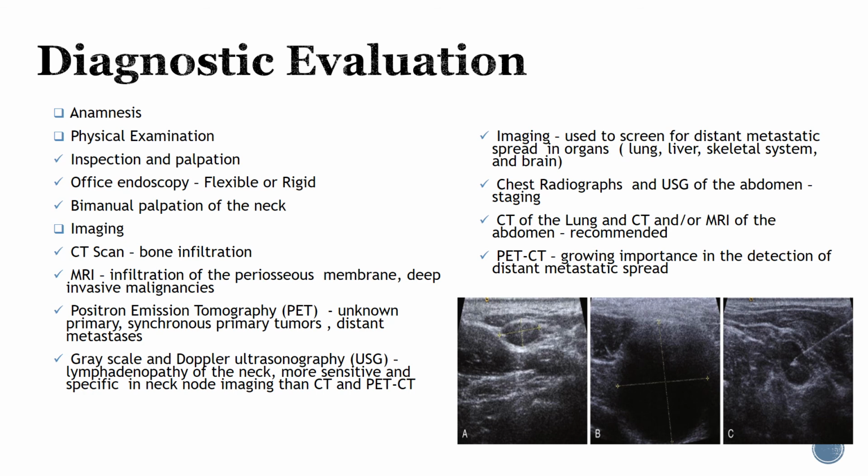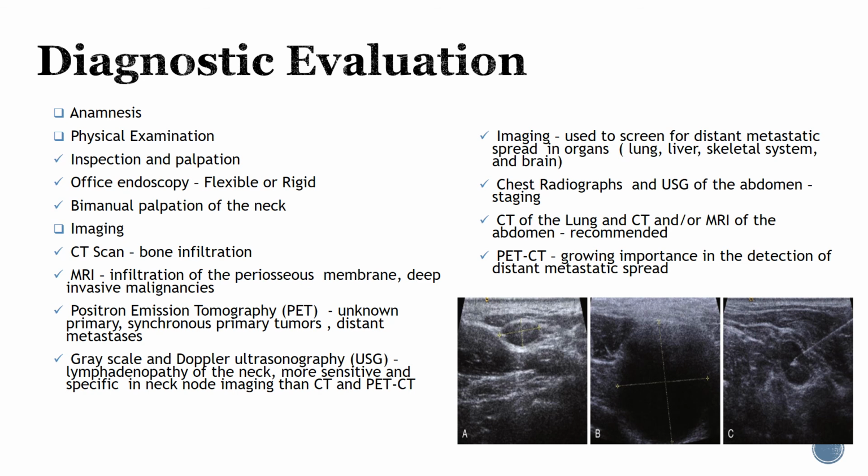Modern MRI precisely demonstrates infiltration of the periosseous membrane and allows for accurate interpretation of bone involvement as well. MRI is helpful, especially in deeply invasive malignancies, although it can lead to false negative results when lesions are superficial.